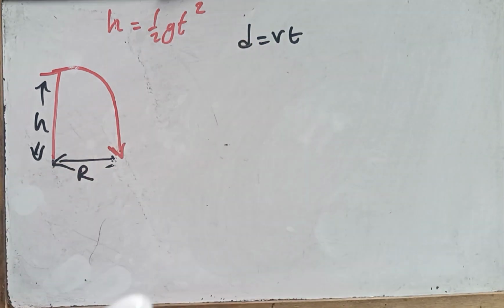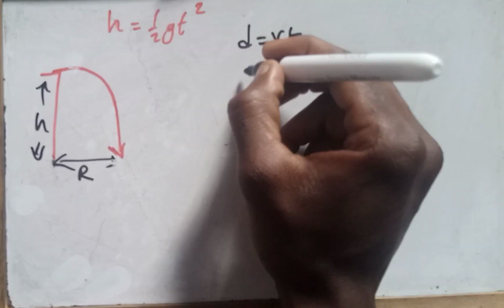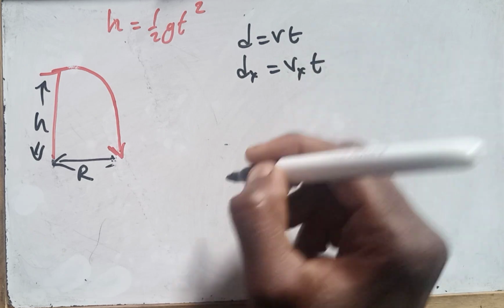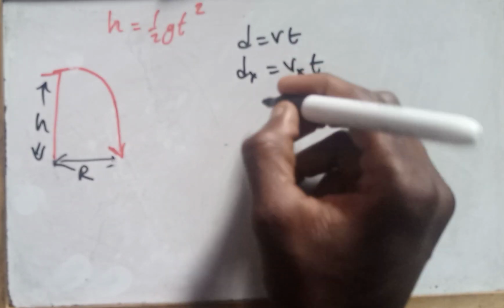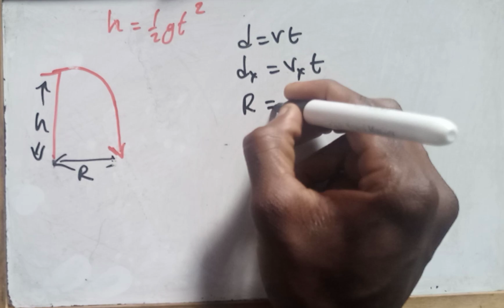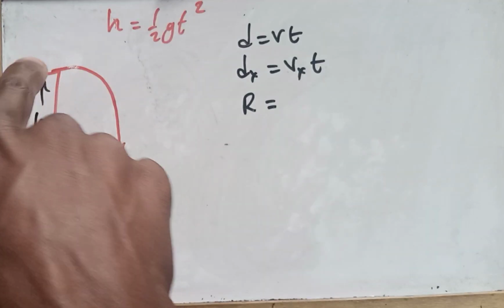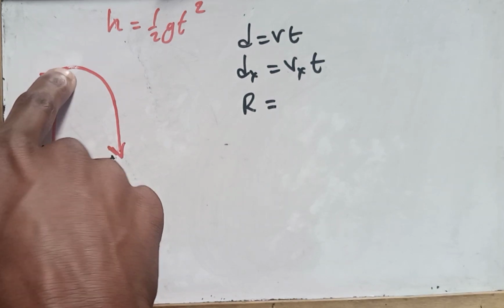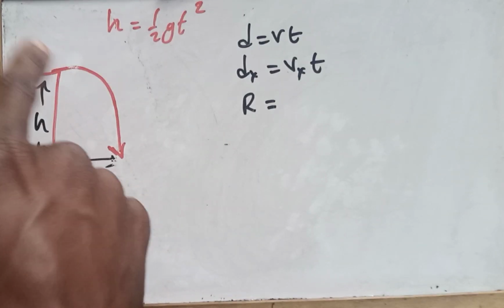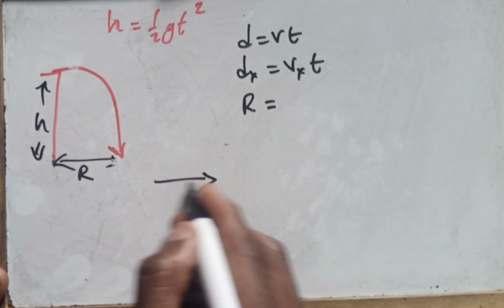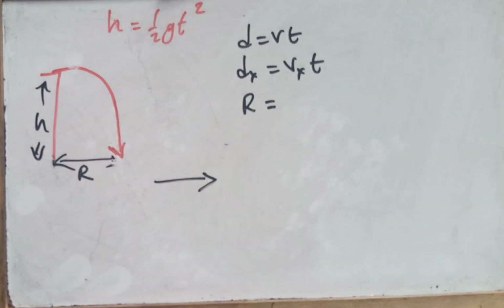Writing this equation in the x-axis, we have d in the x is equal to v in the x times time. So d in the x is the range, which is equal to the velocity in the x-axis. The ball was thrown horizontally from the ground, so the velocity at which it was thrown is in the x-axis.